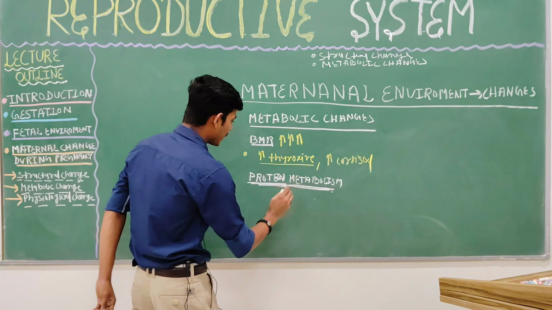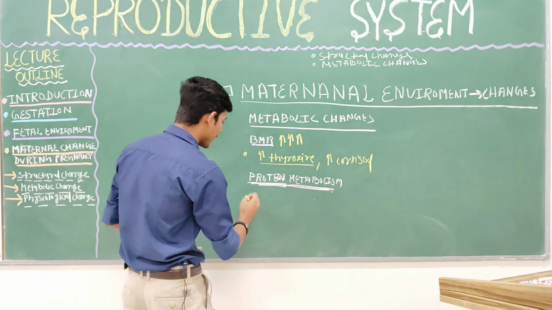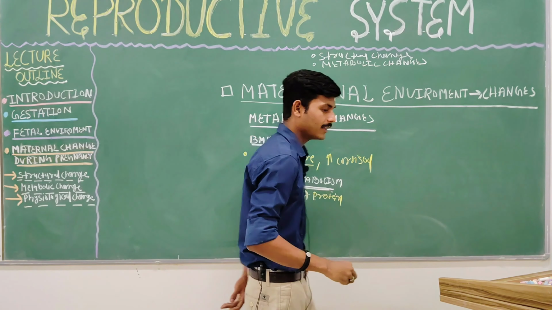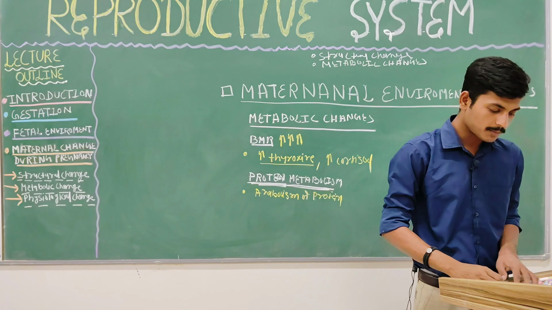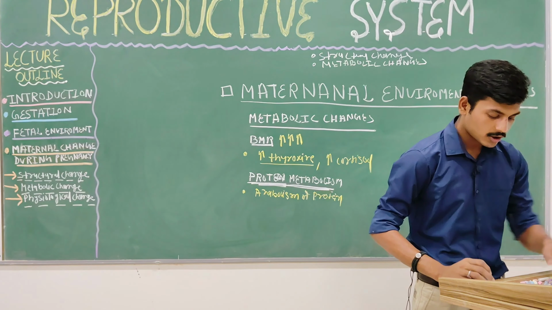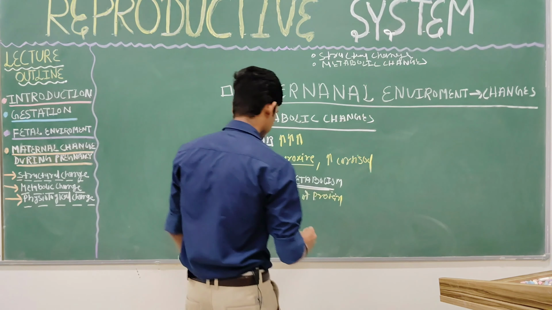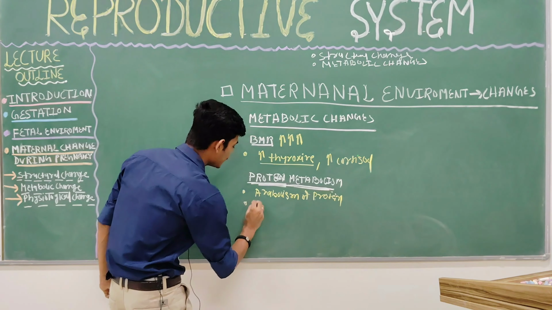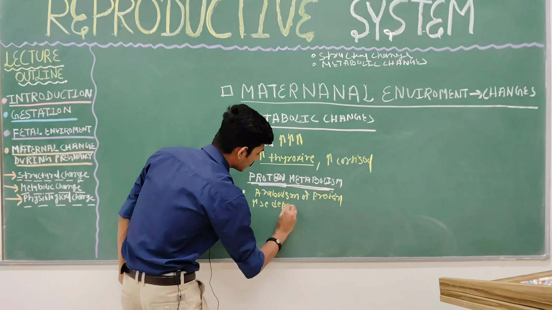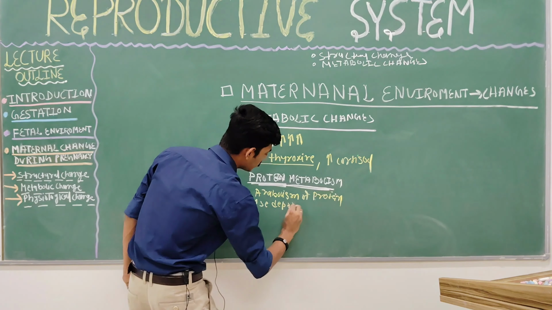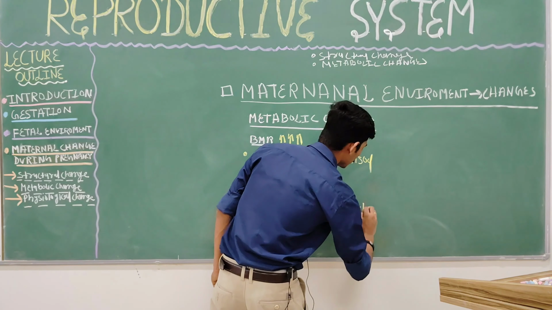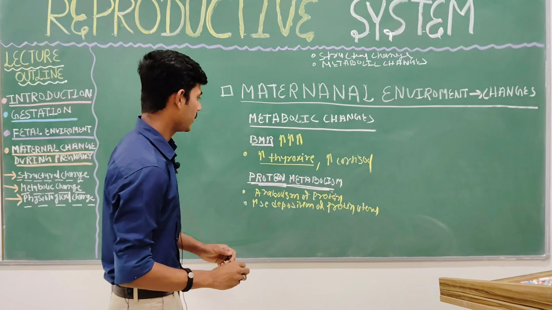So during pregnancy, protein metabolism undergoes anabolic changes, and this anabolism of protein leads to an increased deposition of protein in the uterus. This is related to protein metabolism.